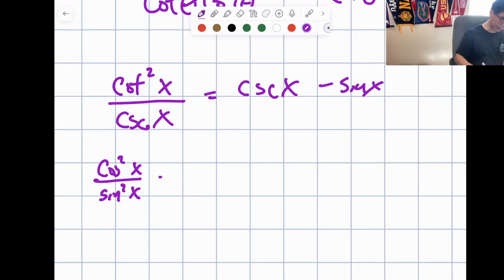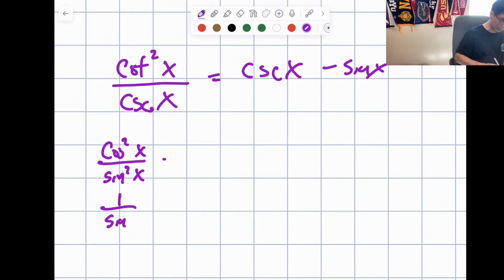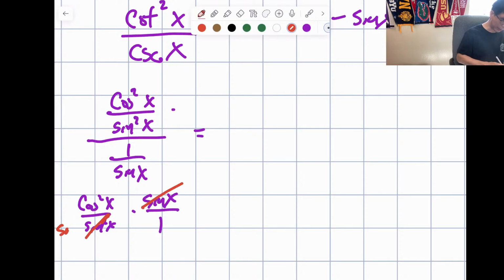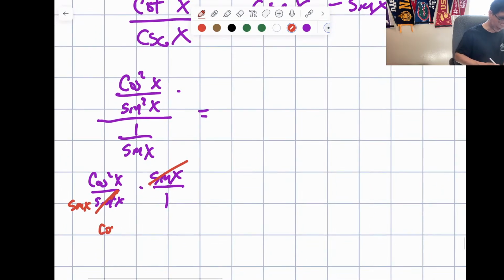Then keep, change, flip, so it's cosine squared of x over sine squared of x times sine of x over 1, right? Okay, what else? Multiply so you get rid of the sine. So you can cancel out one sine, and this is going to be cosine squared of x over sine of x.